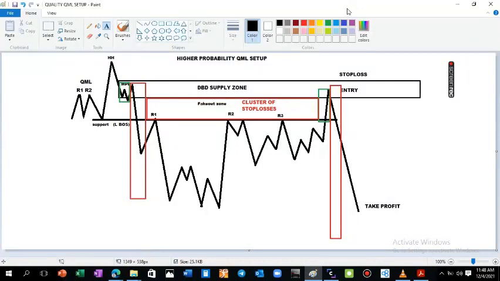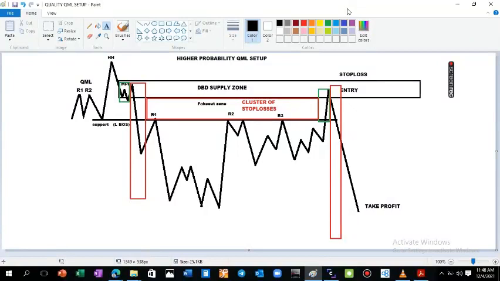You can encounter some stop hunts, some losses, and also massive wins. So I want to talk about the things that you can look for in that particular setup. If those things are there in a particular setup, it has a higher probability of working. I hope that's clear.